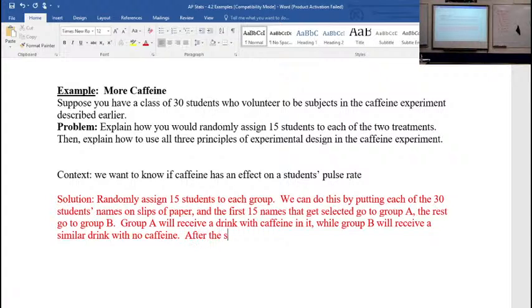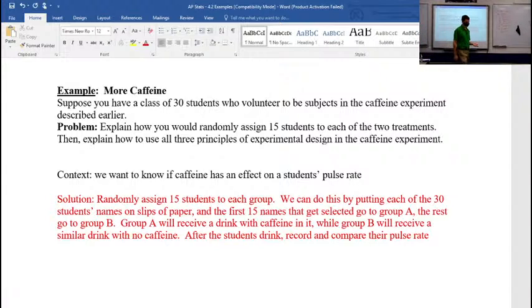After the students drink, record their pulse rate. Record and compare. So we have said our three things. We have described how we're randomly assigning into groups.